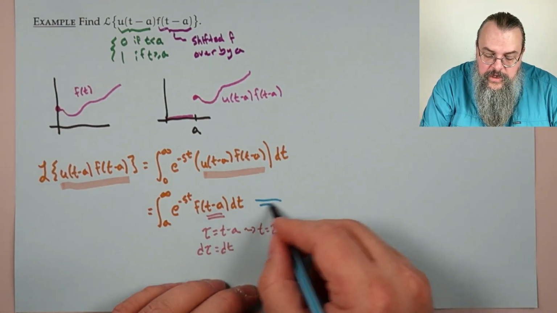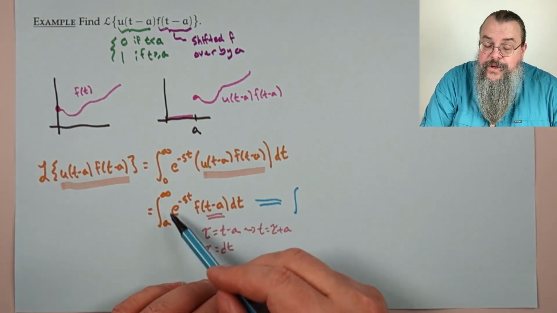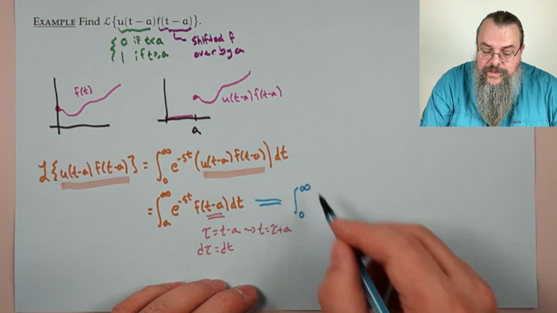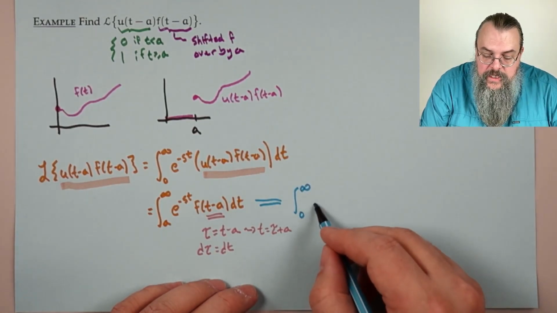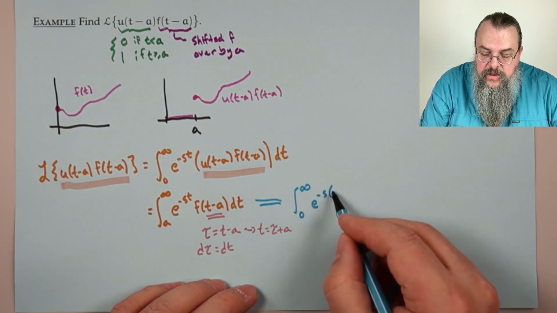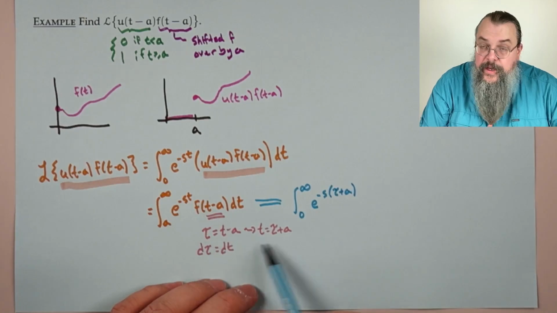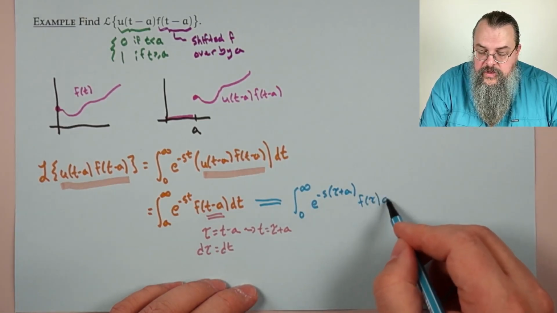So we've already talked, our bounds are going from, now, these are our t bounds, remember. We're going to tau bounds, 0 to infinity. All right, and now we have e to the minus s times (tau plus a), because we're replacing t by tau plus a, f of tau d tau.